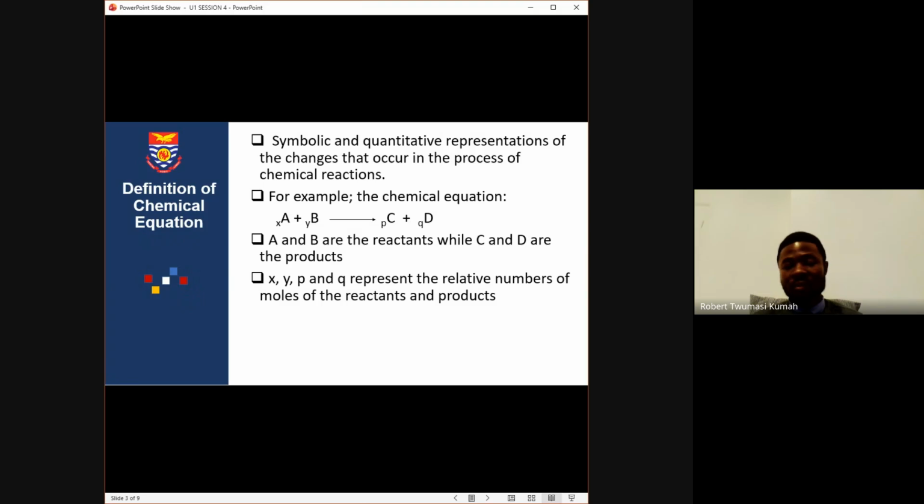Anytime we want to balance an equation, those are the areas where we'll be manipulating. We cannot manipulate anything at the right side. For example, if it is AX and the X is here, and we want to balance, we cannot touch it. We can only manipulate something that is before the element or the compound. That's in place of X, Y, P, and Q.